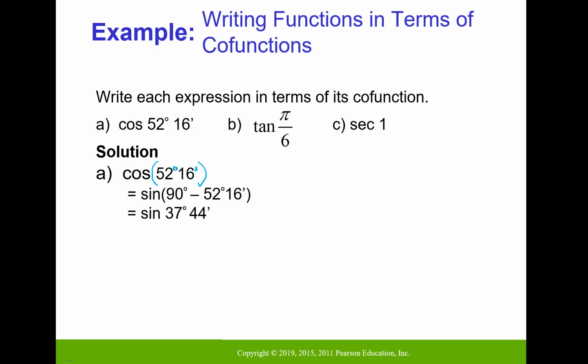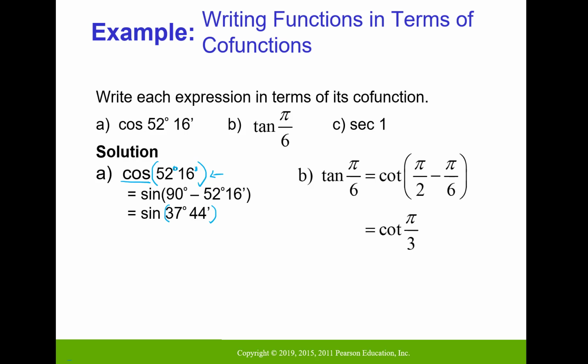And so if you want to check, 37 degrees 44 minutes plus the 52 degrees 16 minutes would add up to 90. So cosine of 52 degrees essentially is sine of 37 or 38 degrees if we round. And then how about for tangent? So tangent of pi over 6, same thing, the angles have to add up to 90 degrees, or in this case we're doing radians, so they have to add up to pi over 2.